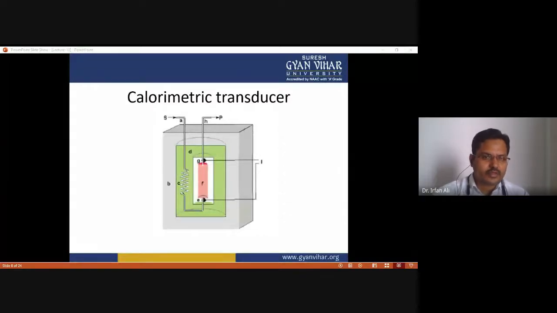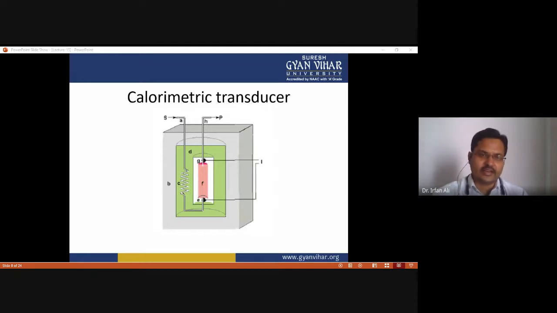And this thermistor is a resistance whose resistance changes according to the change in temperature, and it is able to detect even very small changes in the temperature. Okay, and this is a very sophisticated method which we use for the presence of analyte.